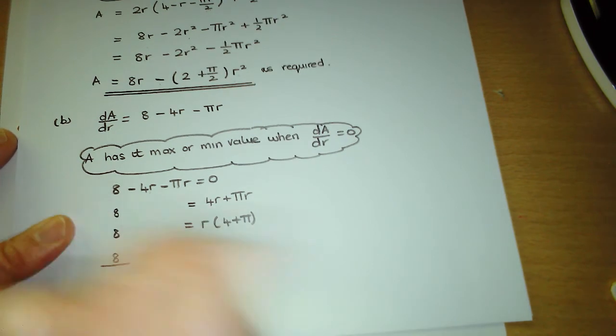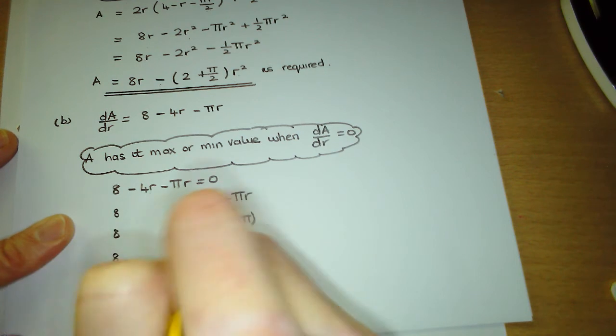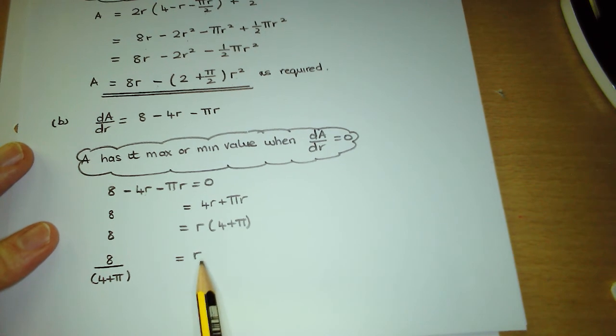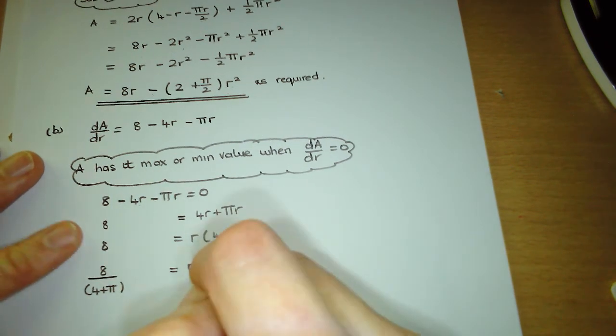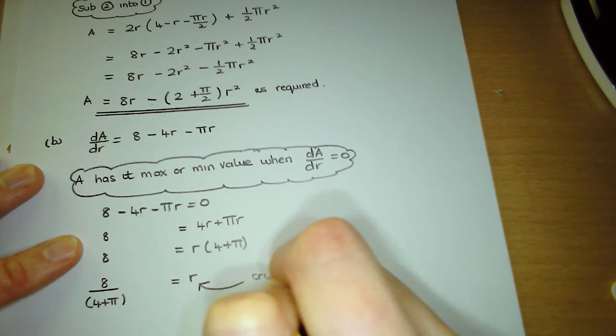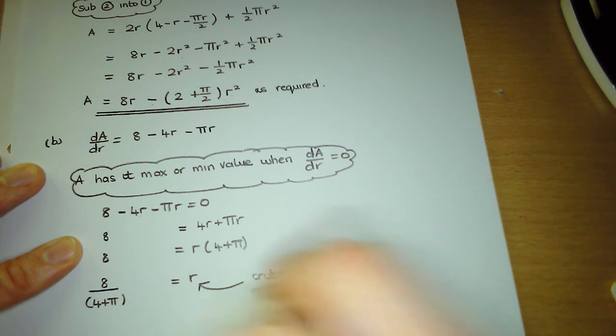So 8 over 4 plus pi is equal to r. So we found the exact value of the other variable which makes the subject variable a maximum or a minimum. So this is the critical value for the other variable.